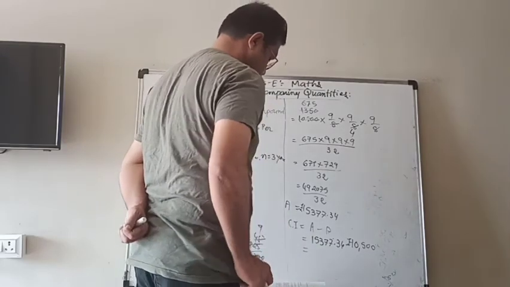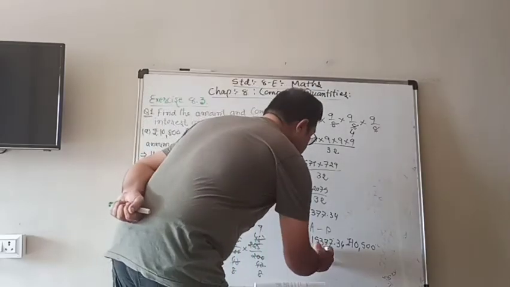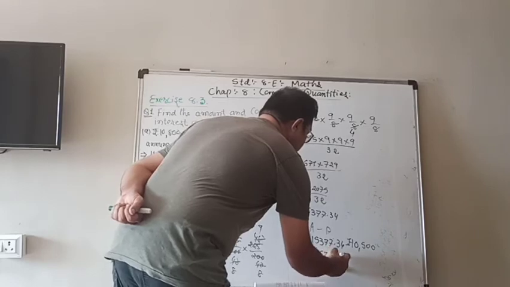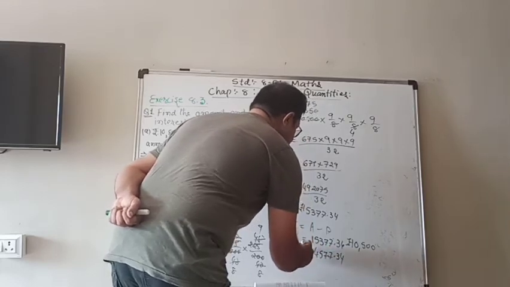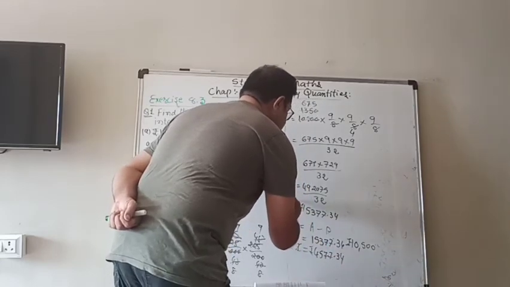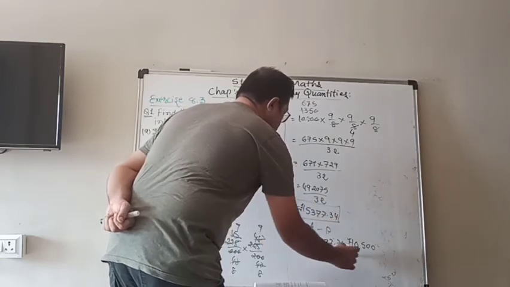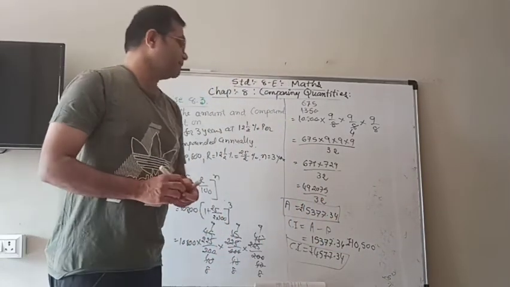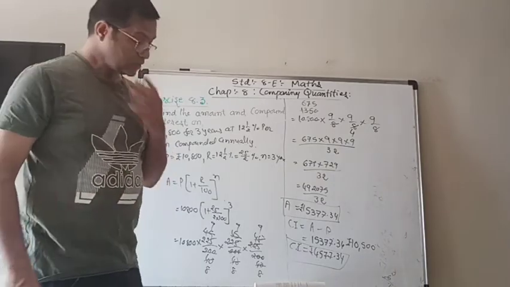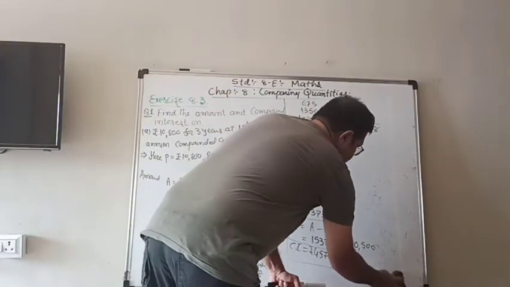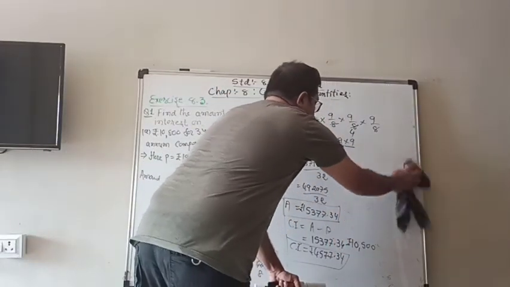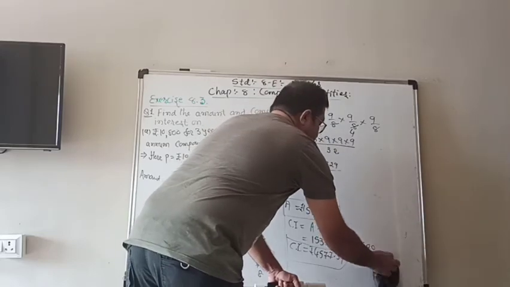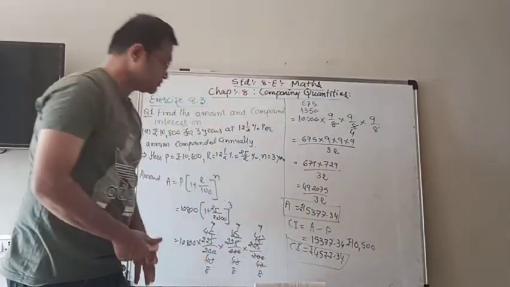And then 4,577. So these are the two answers: amount and the compound interest. So by this formula, we can find the amount and compound interest.